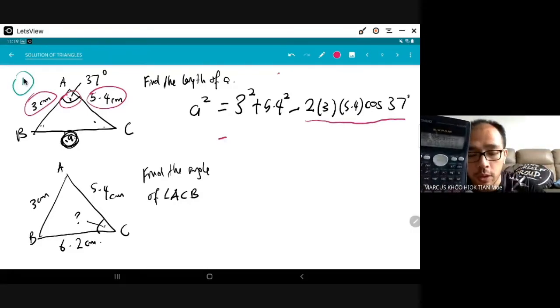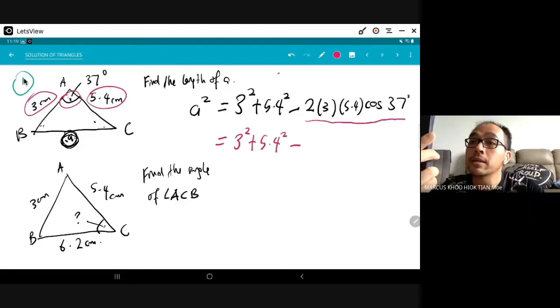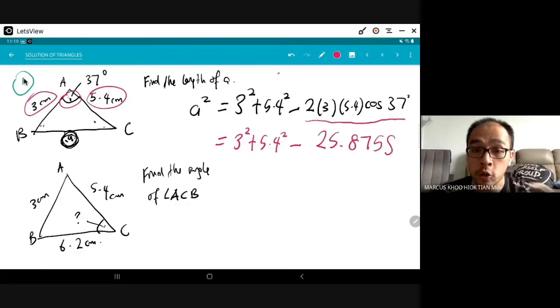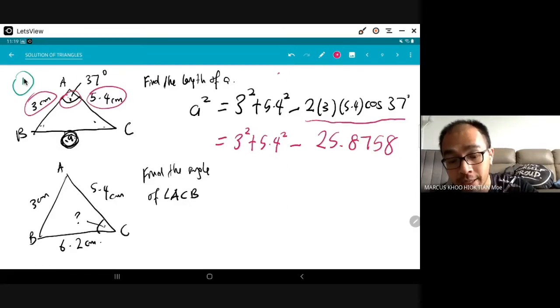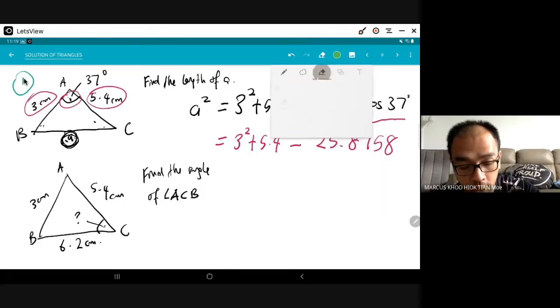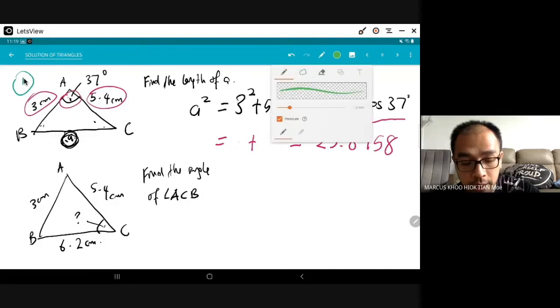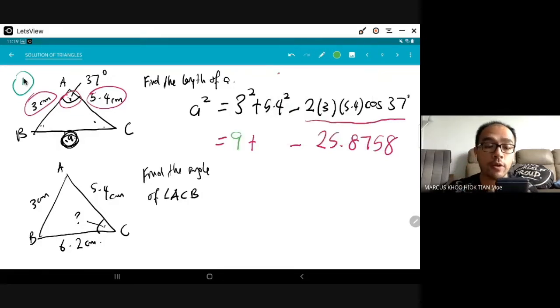So you do 3 squared plus 5.4 squared minus 25.8758. I'm going to use 4 decimal places first. Actually, the 3 squared and the 5.4 squared you can also calculate separately. 3 squared is 9. 5.4 squared is 29.16.